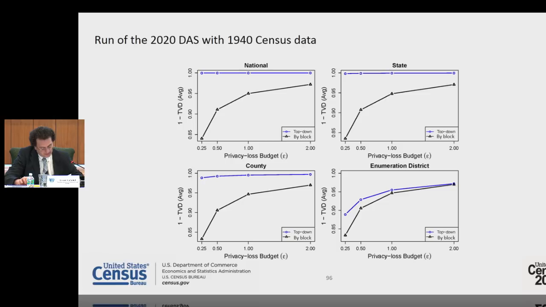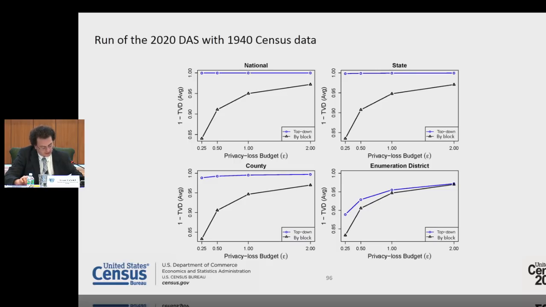As you can see, the accuracy for the block by block system ranged from less than 0.85 to roughly 0.97 for privacy loss budgets between 0.25 and 2.00. Now on the top, the blue line shows our top-down algorithm.